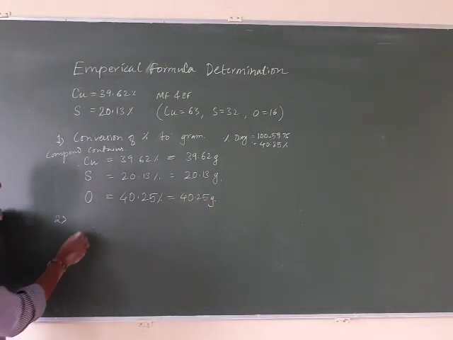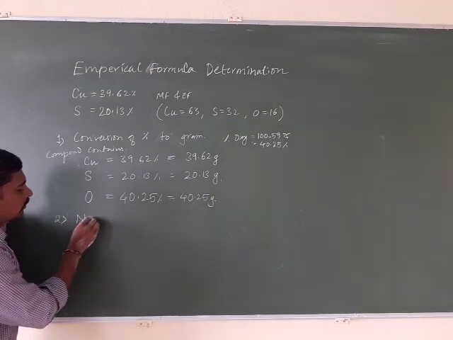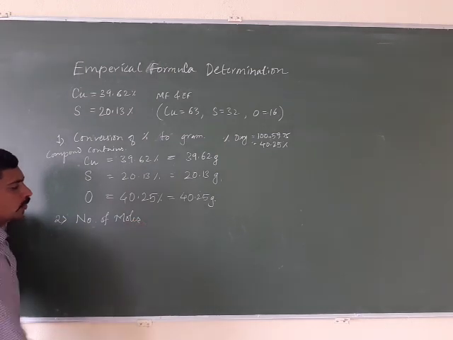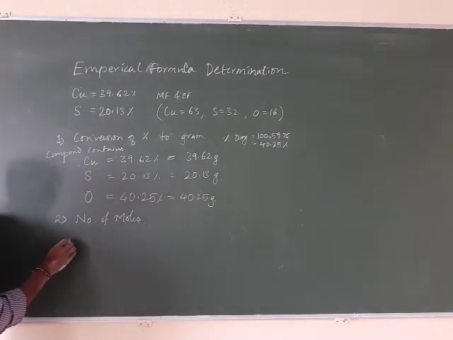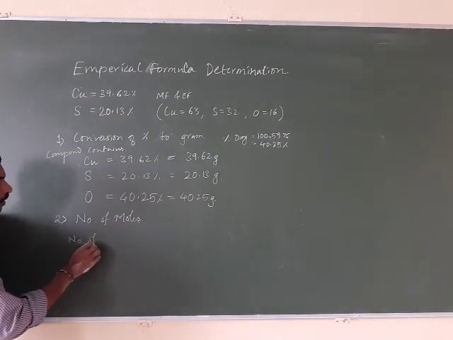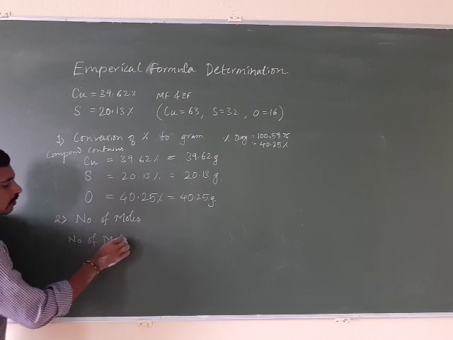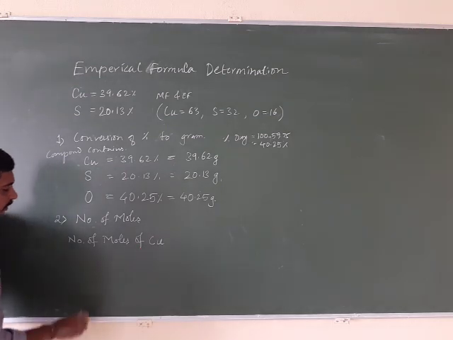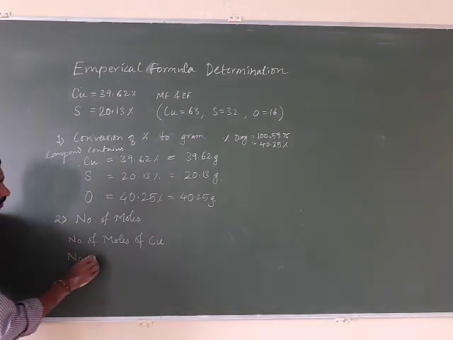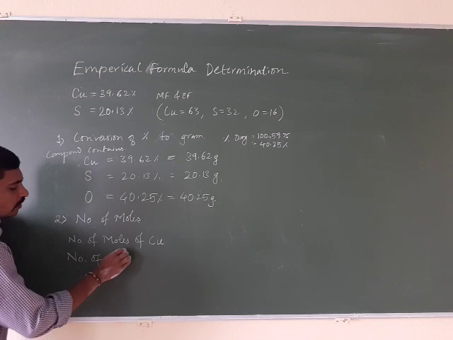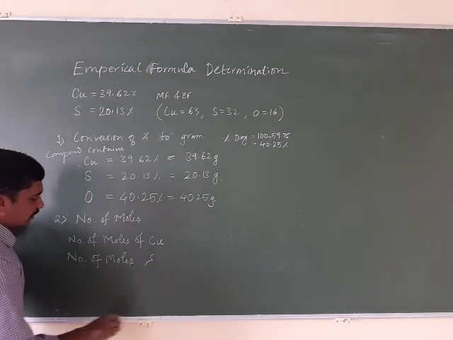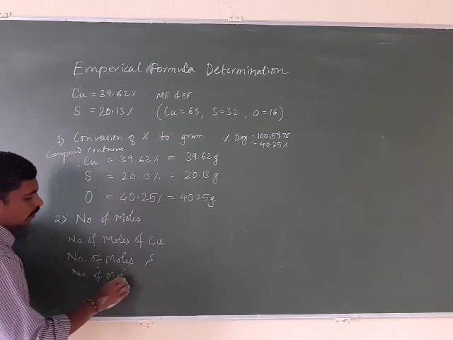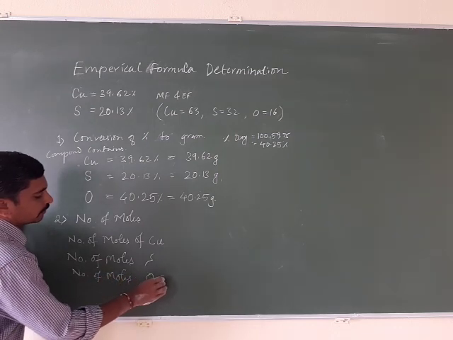So the second step is the number of moles. Okay, so the number of moles of Cu, the number of moles of sulfur, and the number of moles of oxygen.